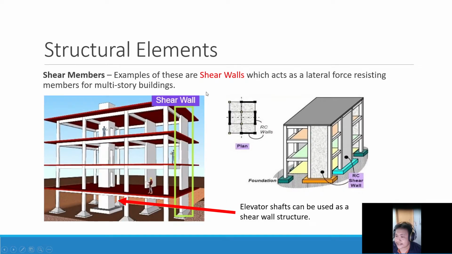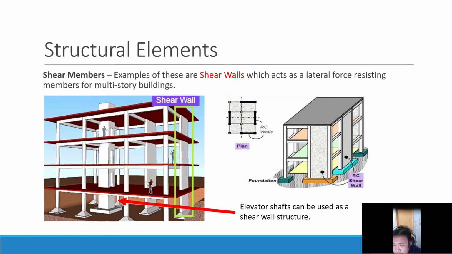So our next structural element is the shear member. As you can see, one of the basic and the most common examples of shear members are shear walls. These shear walls, ito yung magka-counteract sa lateral forces, especially the earthquake.